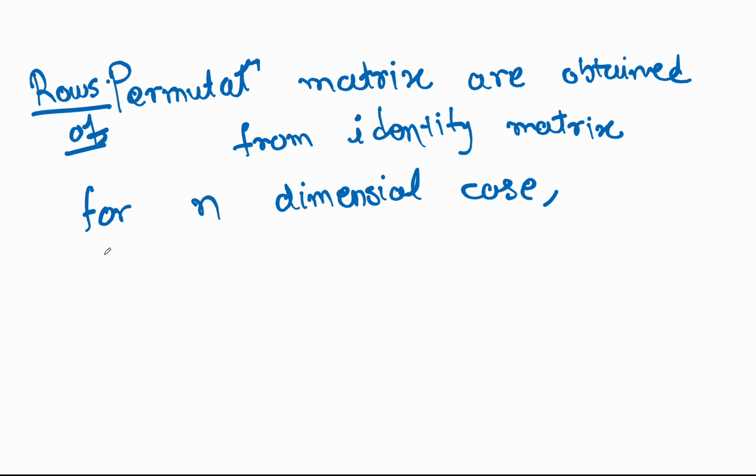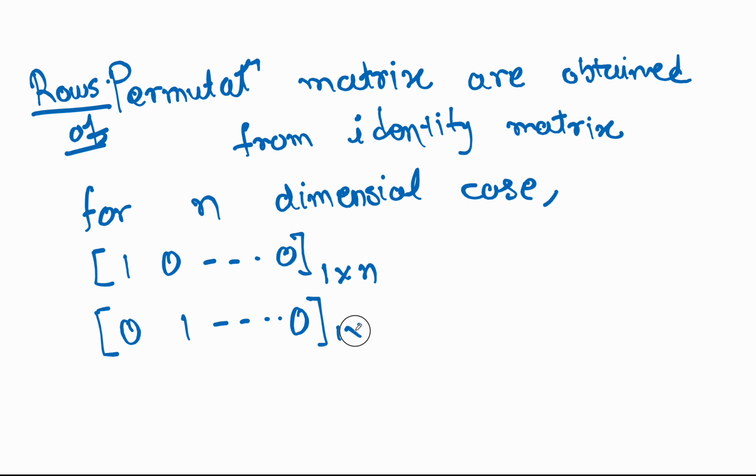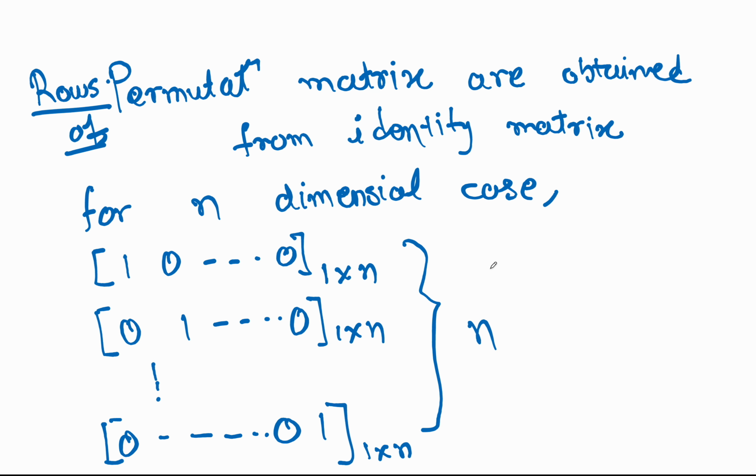In this case the identity matrix will have the first row as 1 0 0 and so on, which will be 1 comma n. Similarly the second row will be 0 1 0 and so on, and like this there are n rows.